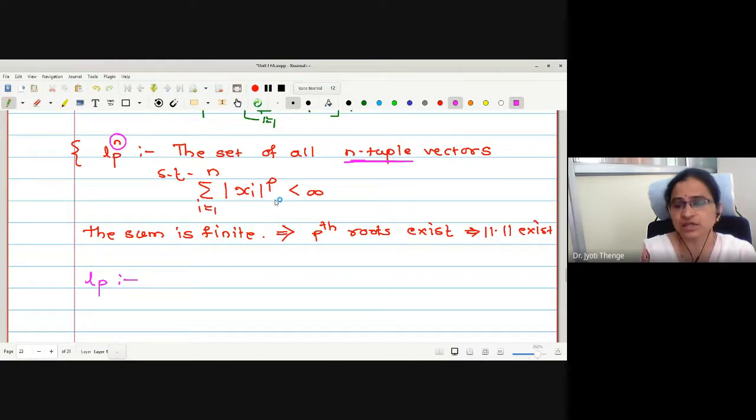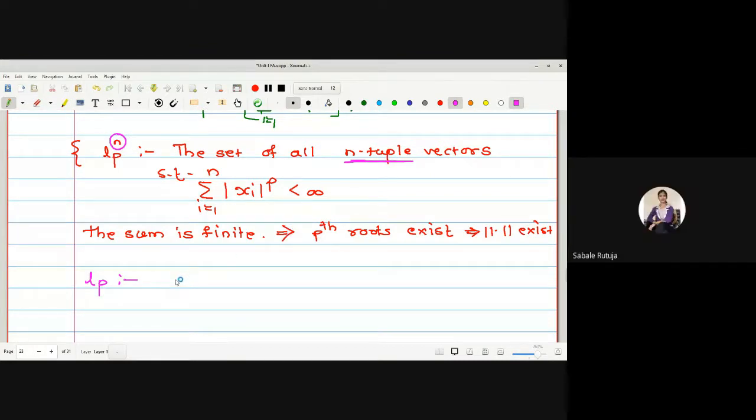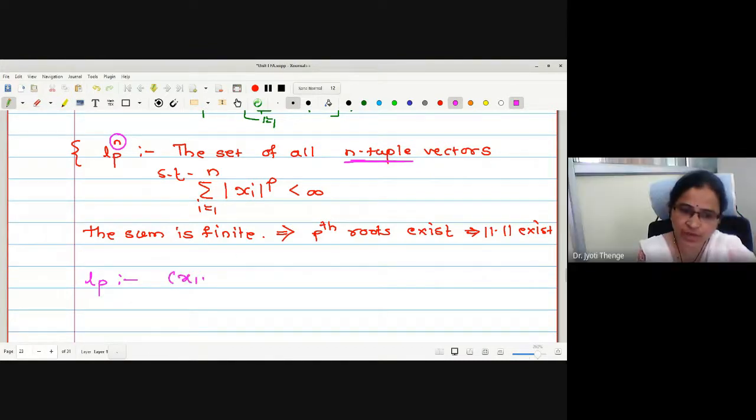In that case, it will not be a vector, it becomes a sequence. What kind of sequence is it? It is of this type: x1, x2, xn and so on. Can you call it a vector? No. Now it becomes a sequence.